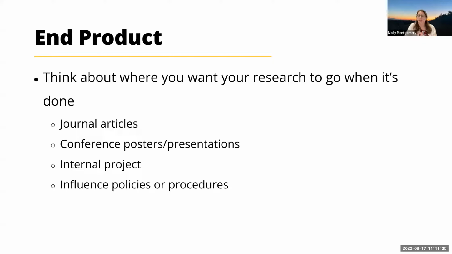Is this going to be more like an internal project at an institution, whether that's an assignment or something you have to do for work? Are you looking to influence policies or procedures? Again, that can be small scale, like within a department or an institution. It might be community-based or in a wider political arena. So all of these are different ways to share your product or influence where your end product is going to be.